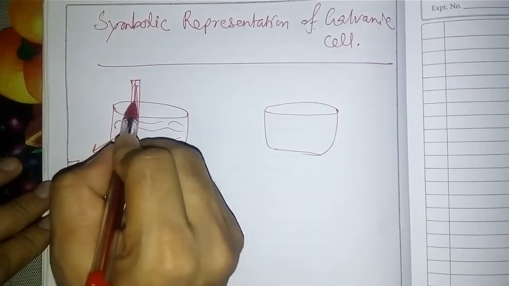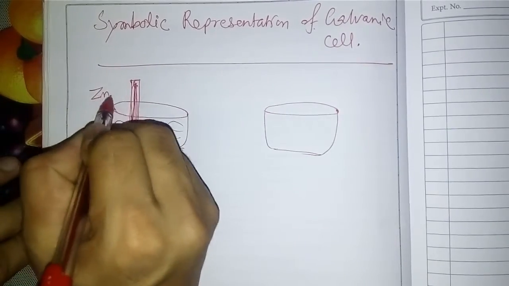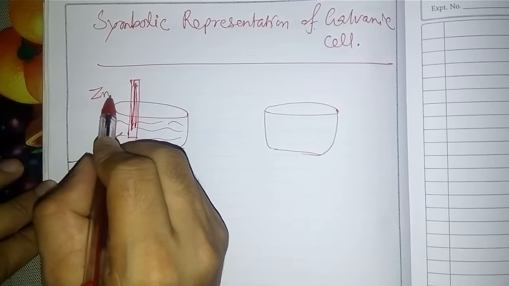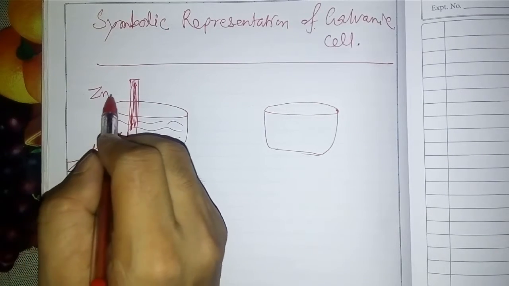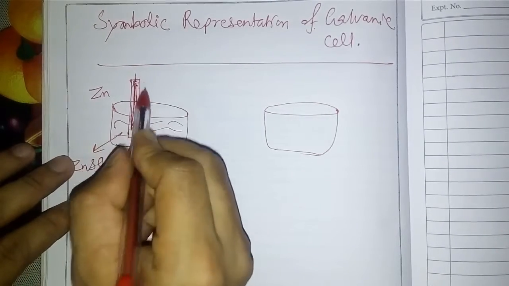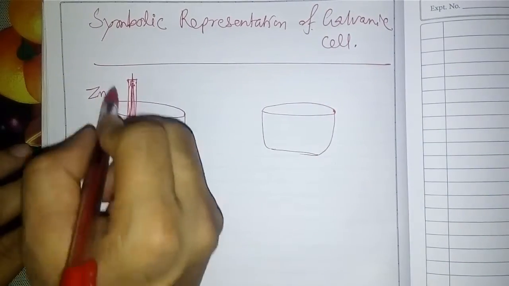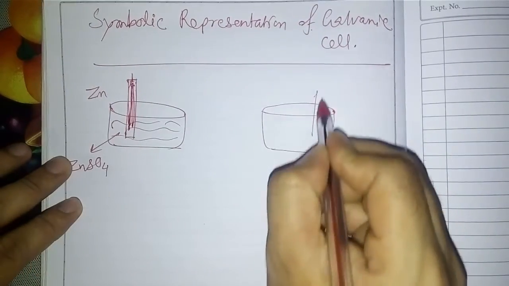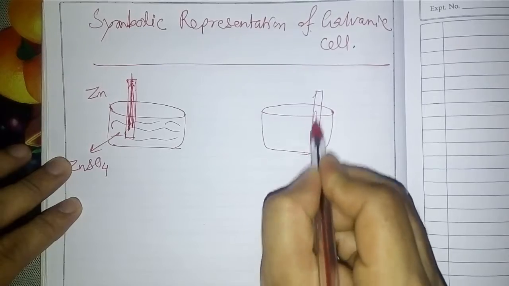This electrode is called the zinc electrode, or anode. This one is the anode part, and this one is the cathode part.